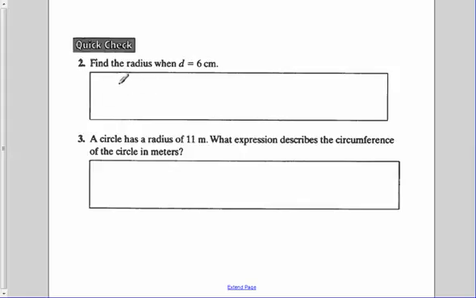We know that d is equal to 2r, so I can substitute 6 for d. I'm solving for r, so I see multiplication, 2r, and I'm going to do the opposite, which means divide. That cancels out my 2. 6 divided by 2 is 3. So 3 equals r, so 3 centimeters is our radius.